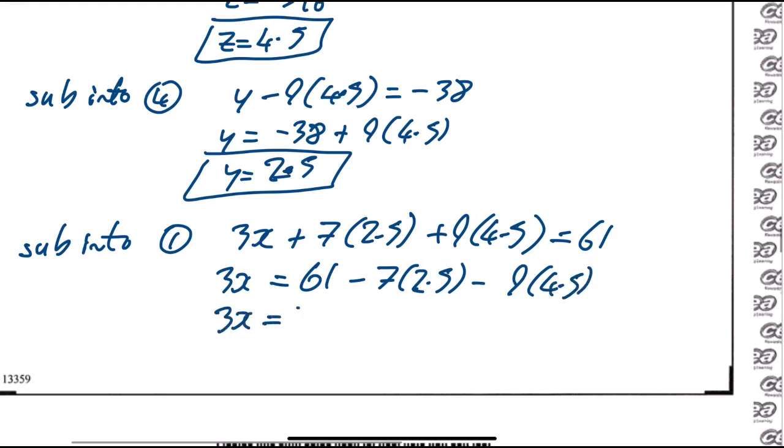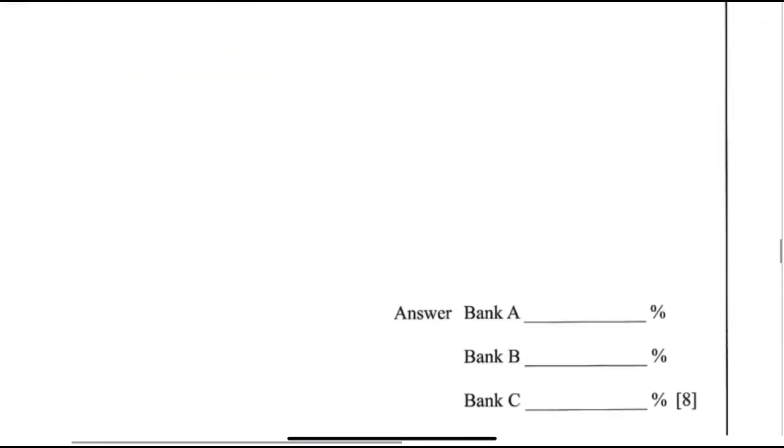That means 3x equals 3, which means x equals 1. So your answer percentages, and I would just check them in equation 2 or 3 without actually writing it down, but I've done that and they do work in equation 2.